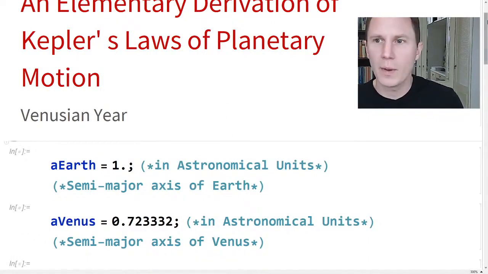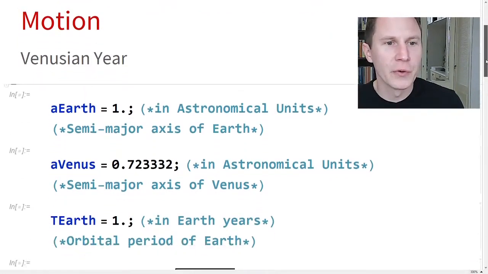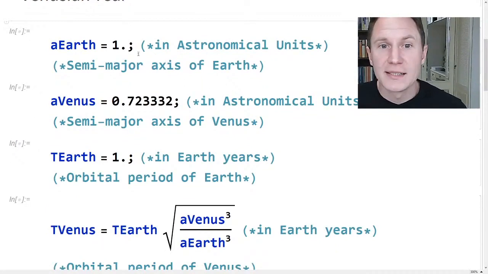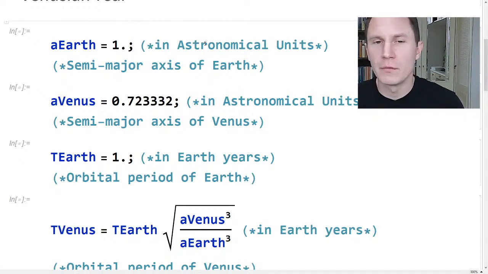But let me just do a short calculation for you. So here is a notepad in which I will be calculating the Venusian year for you. So we have the semi-major axis of Earth. I set it to 1 astronomical unit. If you don't know what an astronomical unit is, it's just the distance of Earth from the Sun, sort of an average distance.